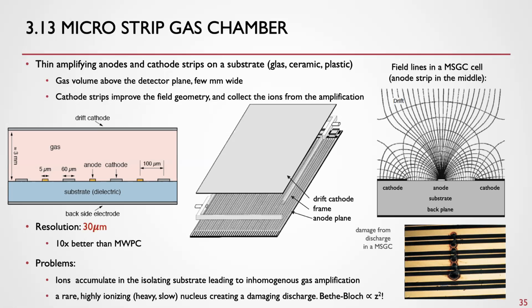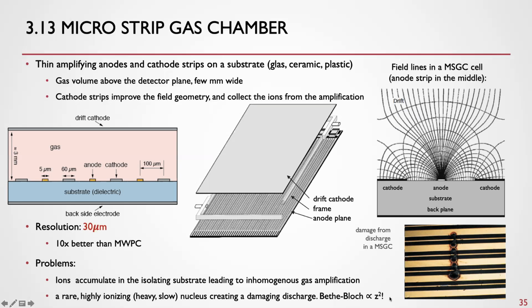Sometimes a nucleus can be fully ionized, maybe a carbon nucleus with a large Z squared may traverse between the anode and cathode and fully ionize the gas, and then they can trigger a disastrous discharge, a shortcut. That can happen by single, highly ionizing, heavy, probably slowly moving nuclei.